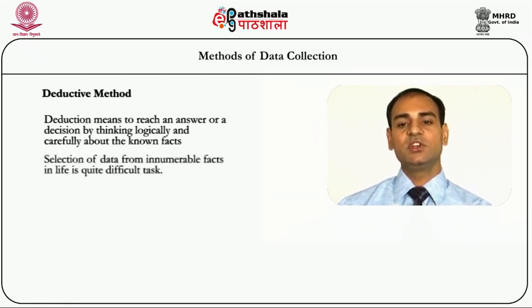Selection of data from innumerable facts in this world is a very difficult task. For making research easier, it is better that certain indicators be formed on the basis of possessed knowledge, theory, or principle.